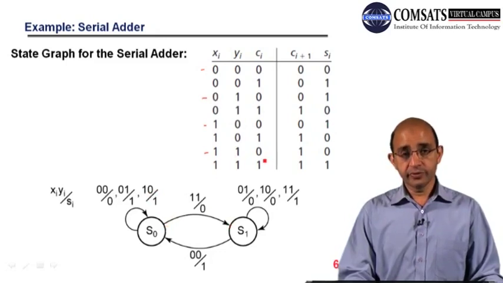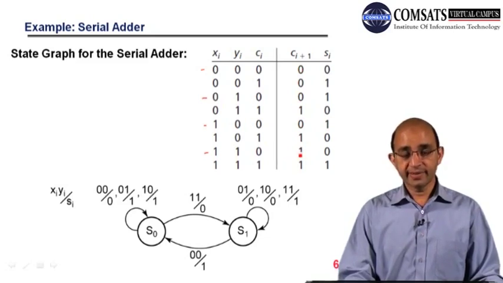What we have to do is move from this state to the next state. Here you can see that we have something different. We have 1, 0, no carry, no carry out. Here we have carry out.